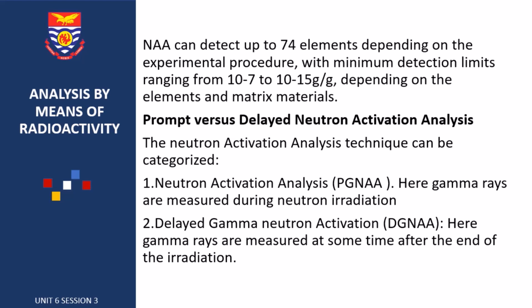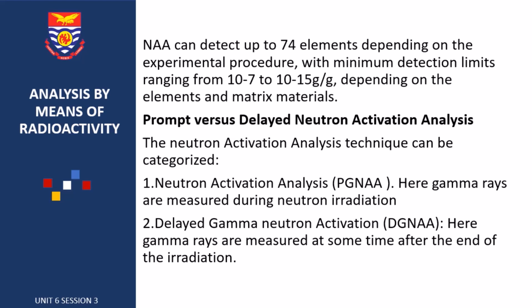In the PGNAA, gamma rays are measured during the neutron irradiation, and so as the neutrons are being used to irradiate the sample, the gamma rays that are produced can be measured.